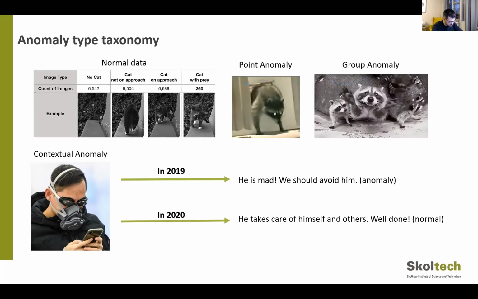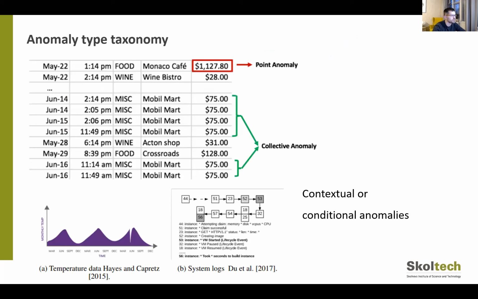And so when we are trying to move to more realistic problems, we can say that, for example, we have transaction data and we have a very large amount of money spent in some particular case. And we can say this is a point anomaly. But we look further and see that, okay, there is a very large number of similar transactions.